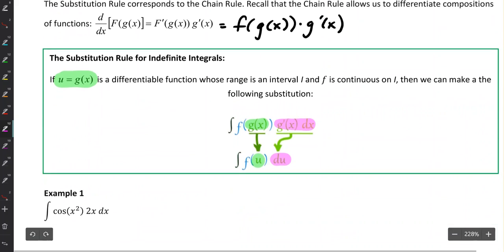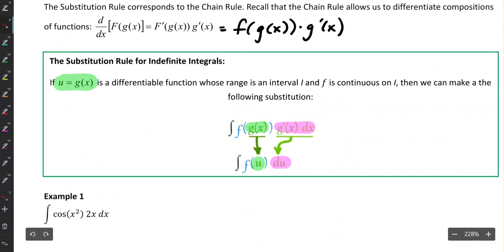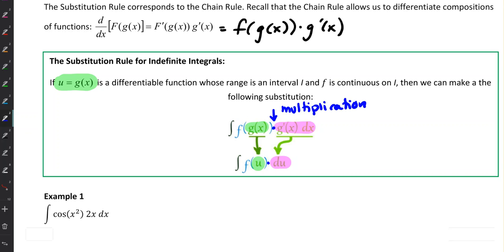Here is your goal. Let me try to simplify things for you. You're looking for a choice of u such that we have du, the derivative of u, as a factor. This is important, that this is multiplication. A factor in the integrand. Let's write that. Here's your goal.